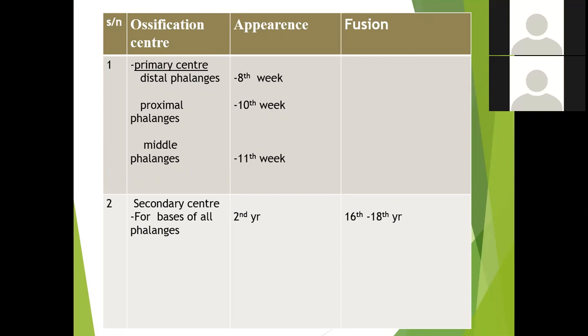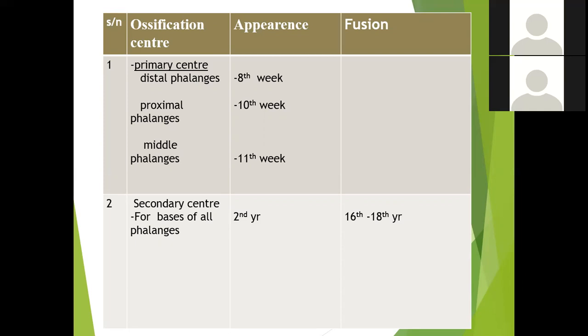For the bases of all phalanges, the secondary center will appear in the second year. It fuses in the 16th to 18th year. So primary centers appear separately for each phalanx, but for secondary centers, we have a separate secondary center for all the bases.